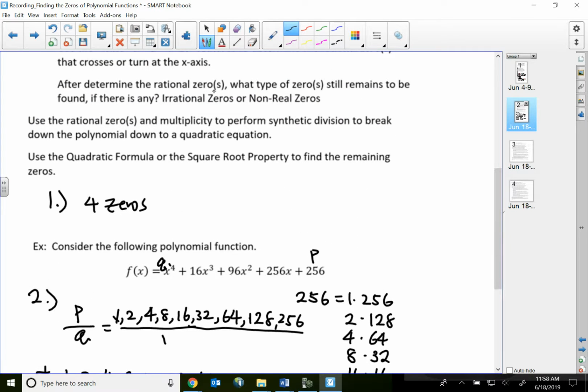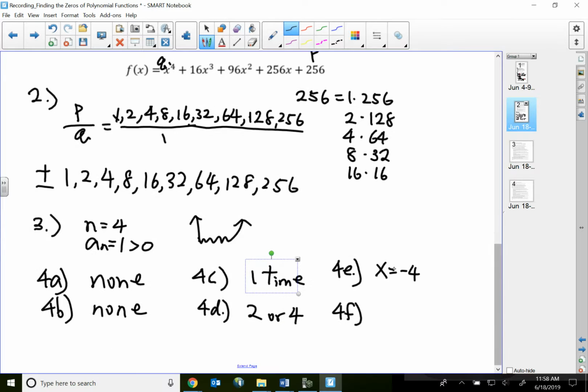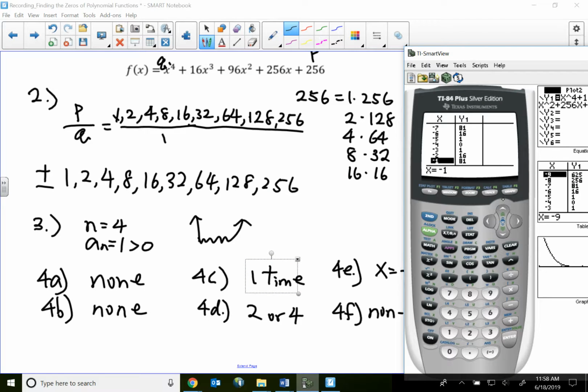So after determining the rational zero, what type of zeros still remain to be found? I know my negative 4 has to have an even multiplicity. It can be 2 or 4. If it's 2, then the other 2 zeros have to be non-real, because I did not see my graph cross over the x-axis anywhere else.